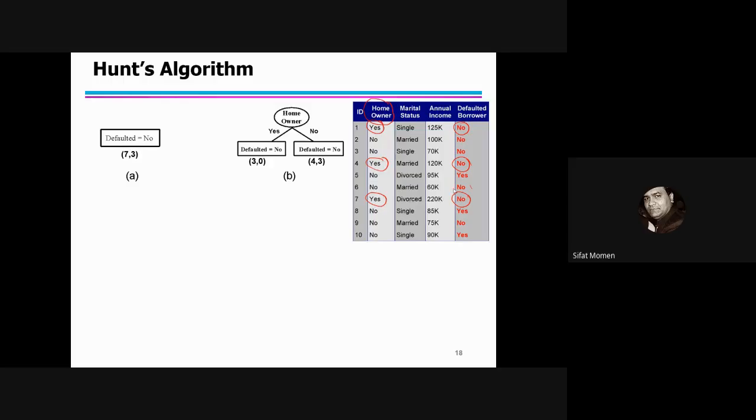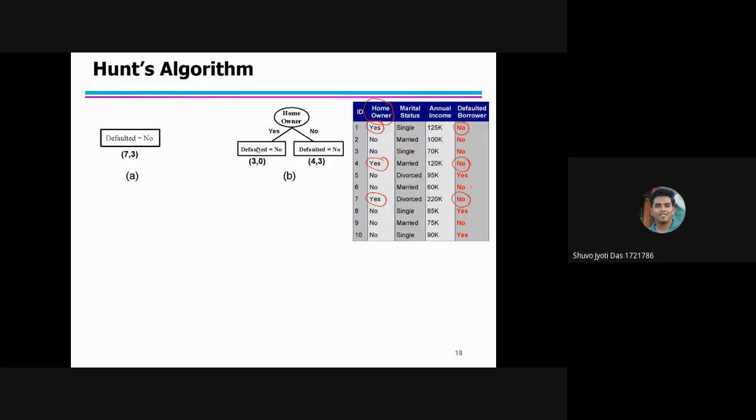All are no's. That means when the homeowner is yes, the defaulter is always no. There is no mix of no and yes. Because there is no mix, I can just make a decision: if the homeowner is yes, then the answer is no.